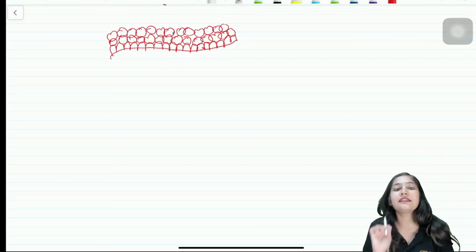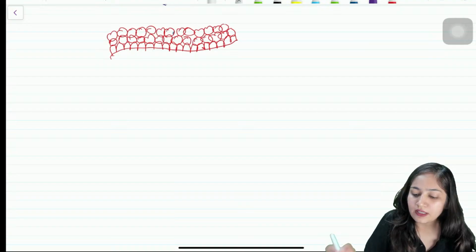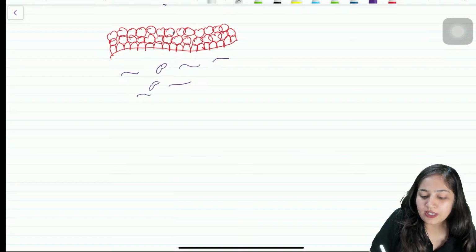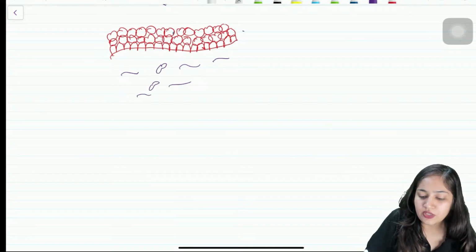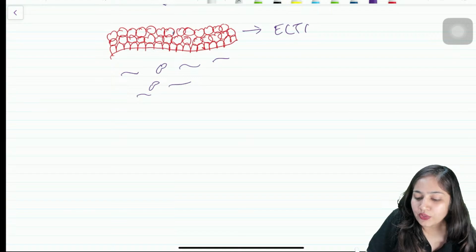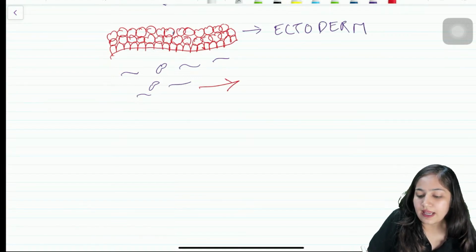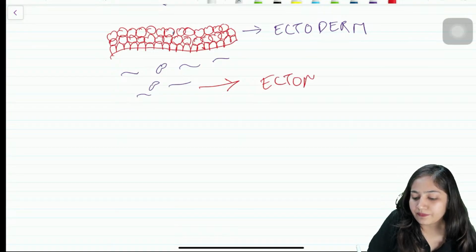This is our ectodermal, epithelial portion, and just beneath this epithelium we have our connective tissue portion. What is this connective tissue portion? Ectomesenchyme. So this is ectoderm and this is ectomesenchyme.